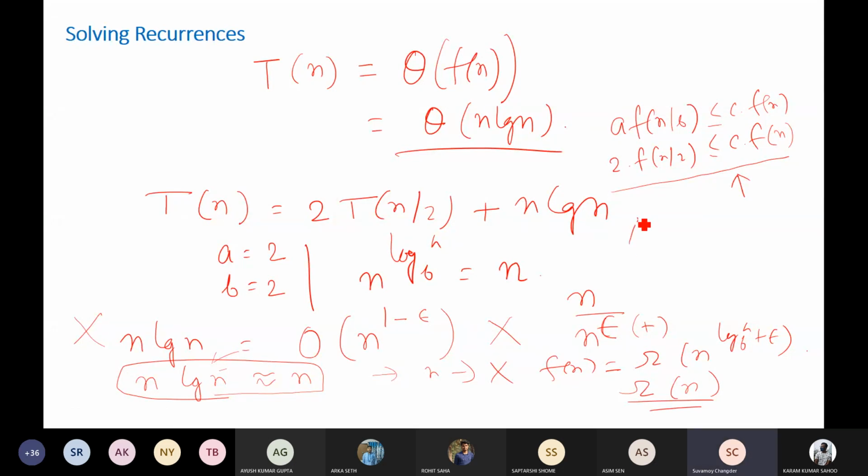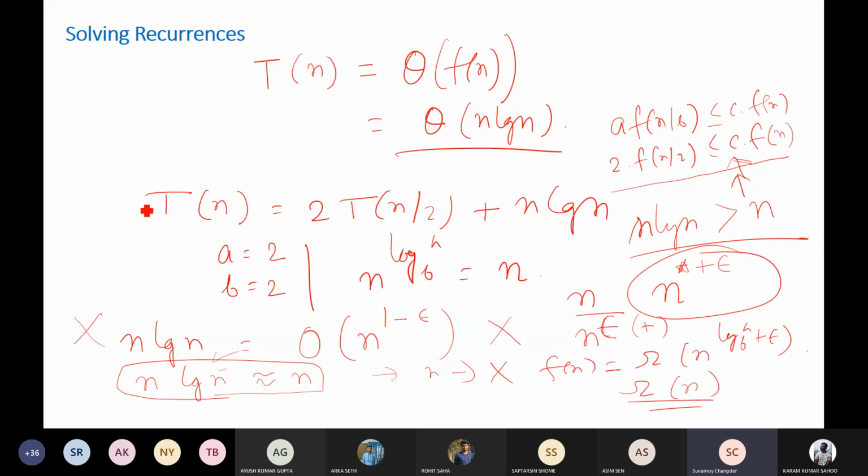Because n log n is larger than n, but it is not polynomially larger, that is, n to the power of something plus epsilon. n log n is not polynomially larger than this, so it will be quite difficult to find c. Clear?